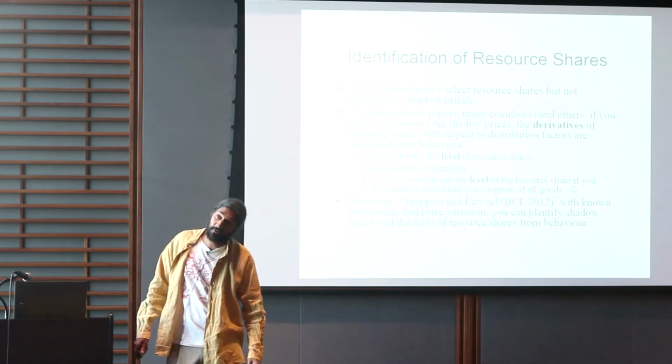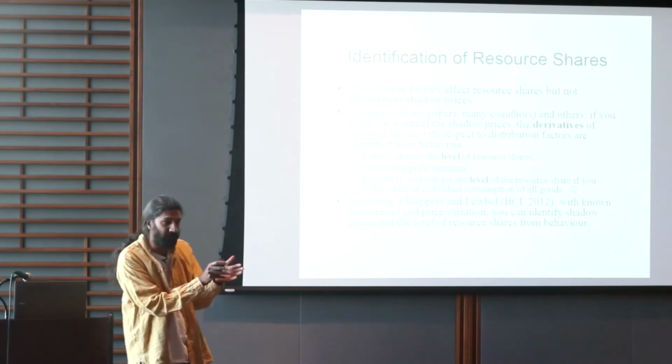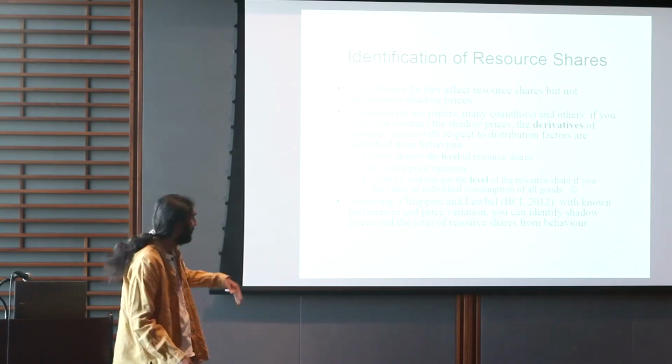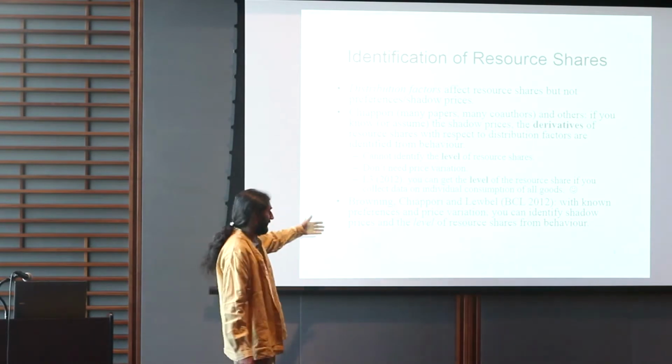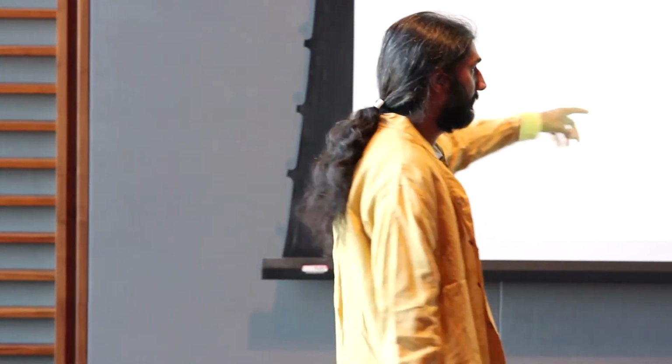You assume that all goods are somewhat shareable, somewhere between fully shareable and not shareable at all, and you use price variation to identify the shadow price vector in the household. And you use the fact that you know preferences, or assume that you know what preferences look like, to identify the shadow budgets, which gives you the resource shares.